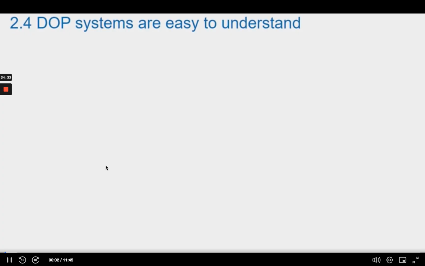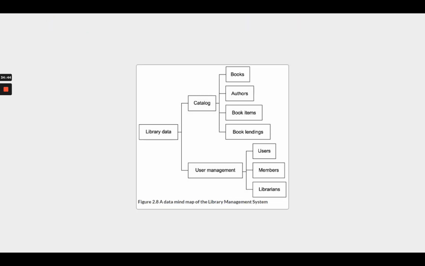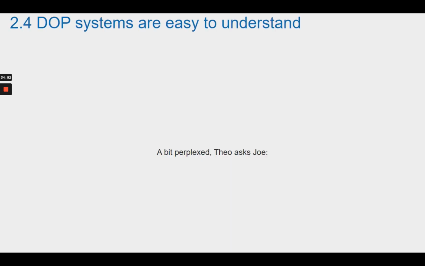Section 2.4. DOP systems are easy to understand. Theo takes a look at the two diagrams that represent the high-level design of his system. The data entities in the data mind map in figure 2.8. The code modules in the module diagram in figure 2.9.